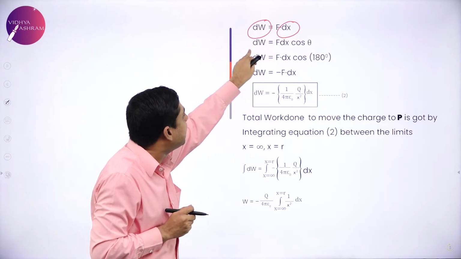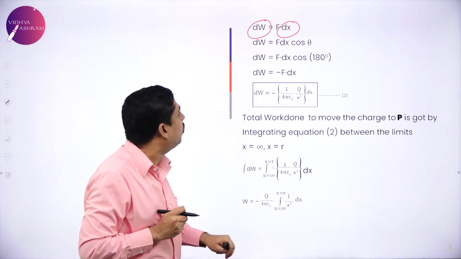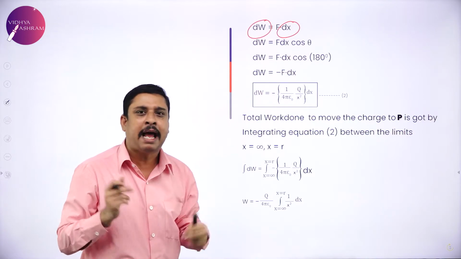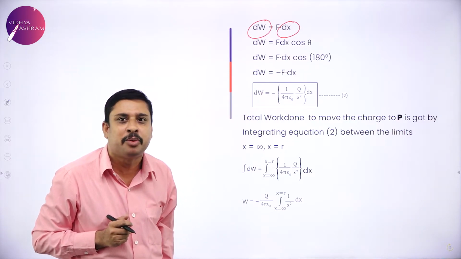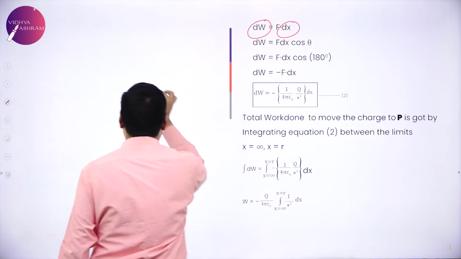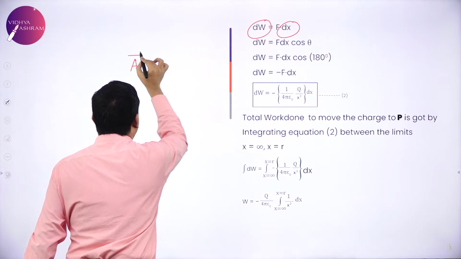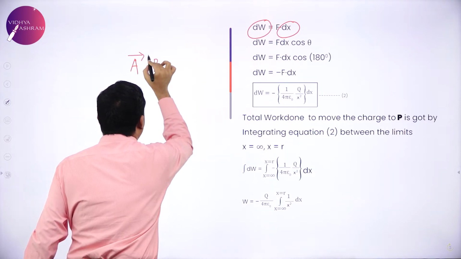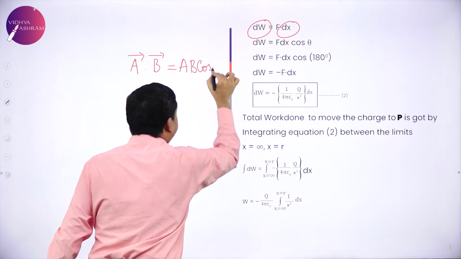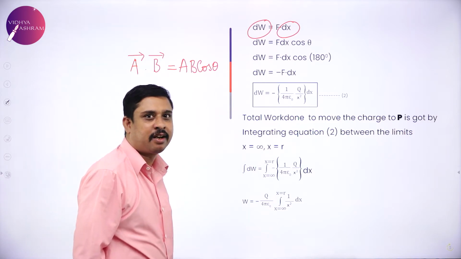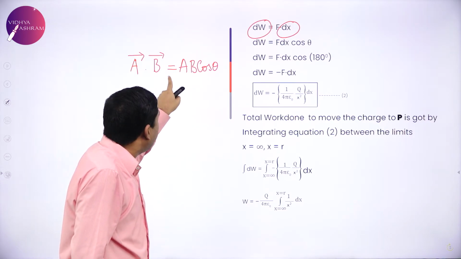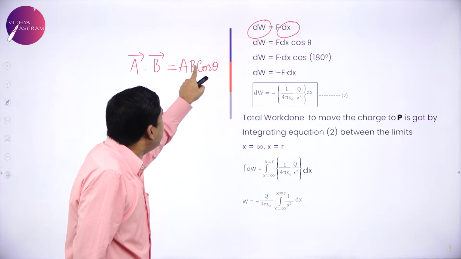Now expanding this, dW equals F dx cos theta. Understand, this is a dot product, and we know any dot product, vector A dot vector B, is always A B cos theta.